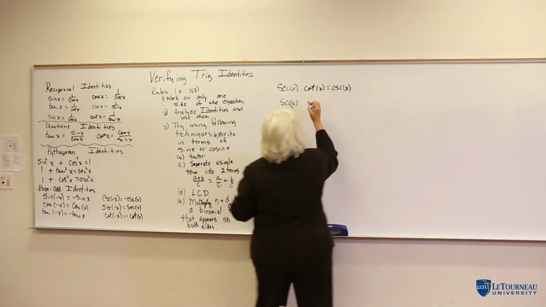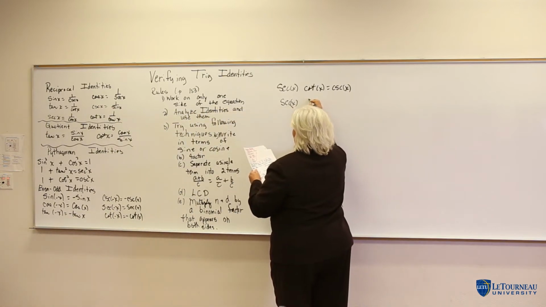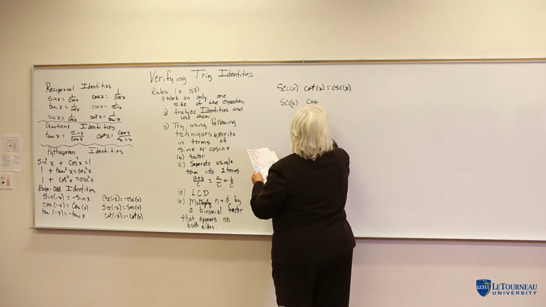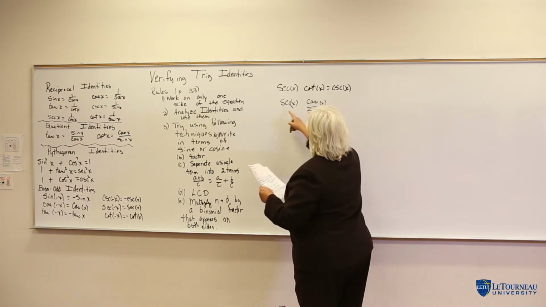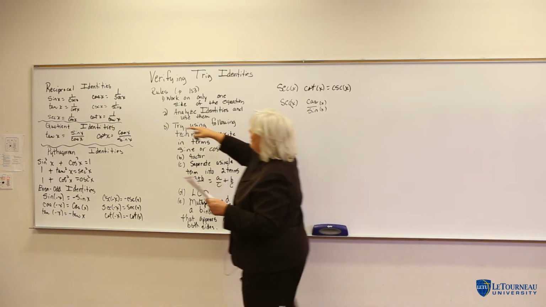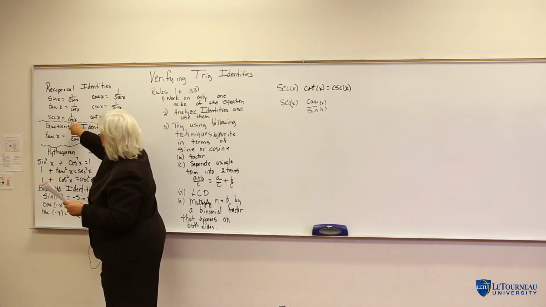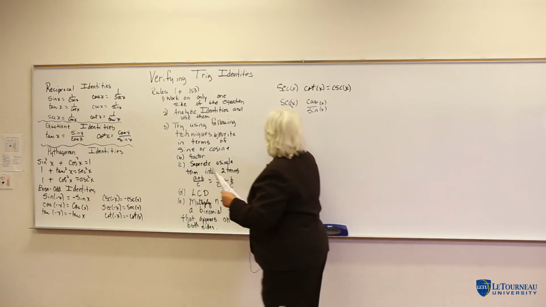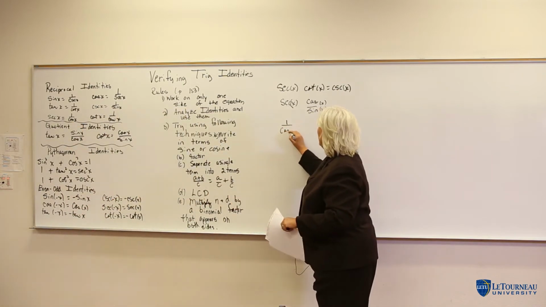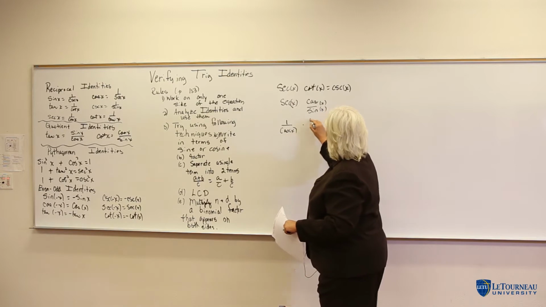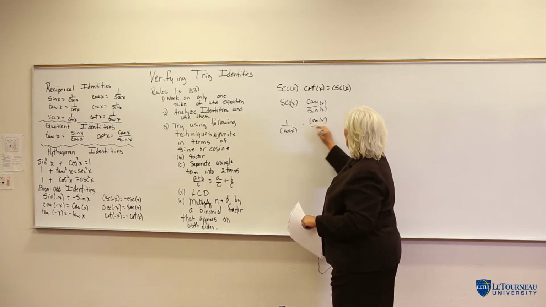Cotan is cosine over sine. I can also rewrite secant x as this reciprocal. Secant x is the same thing as 1 over cosine. So I'm going to rewrite that. 1 over cosine x times cosine x over sine x.